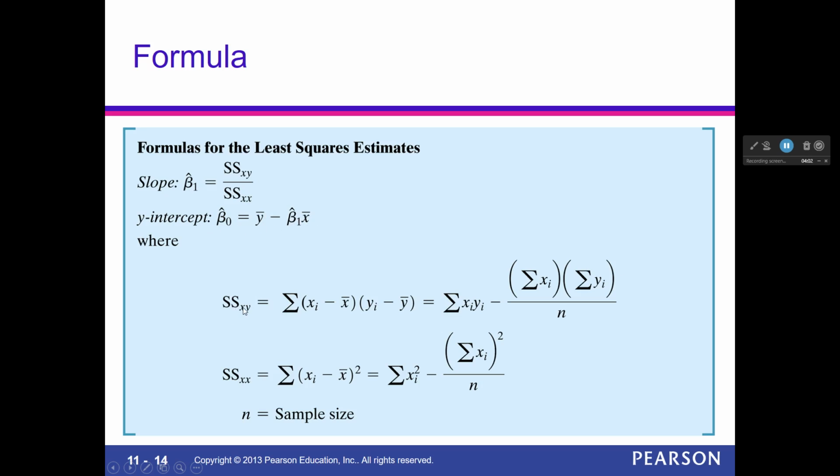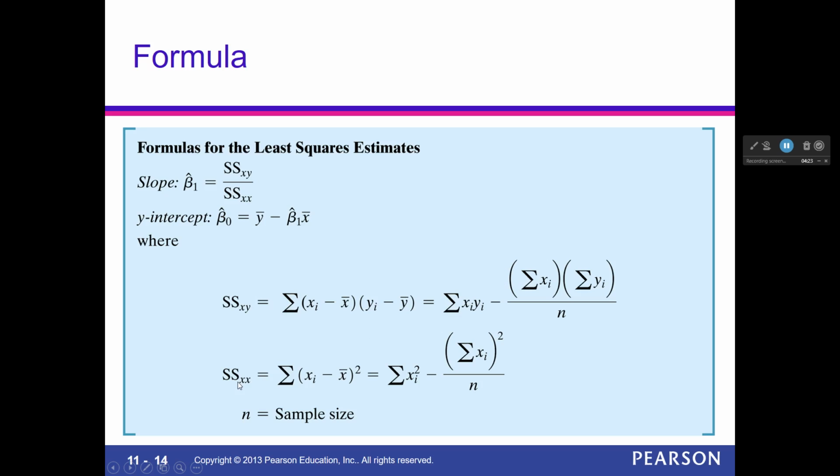Okay, the SSXY, we did it this way in class, is x sub i minus x bar times y sub i minus y bar. That's the way we did it in class. We're going to do it this way, using this equation here, so you see both ways.